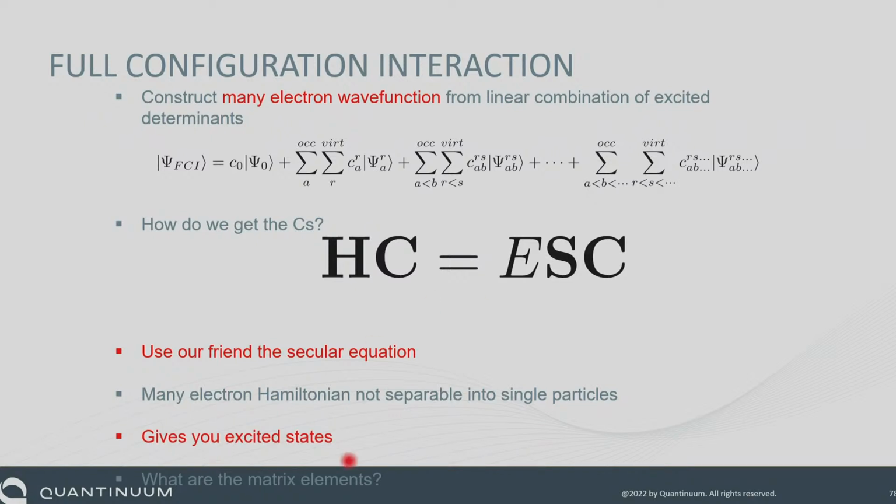If you were to naively solve this by diagonalization, you can only really do up to about 10 spin orbitals.